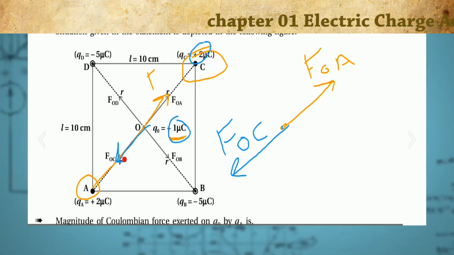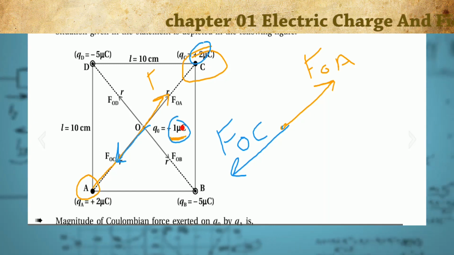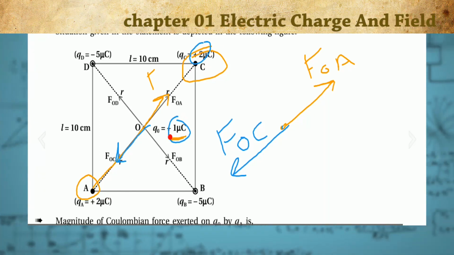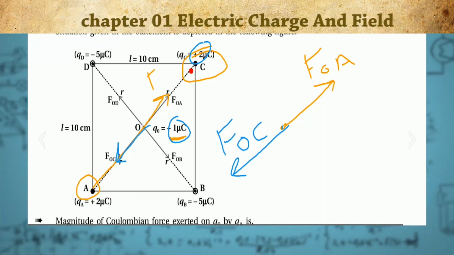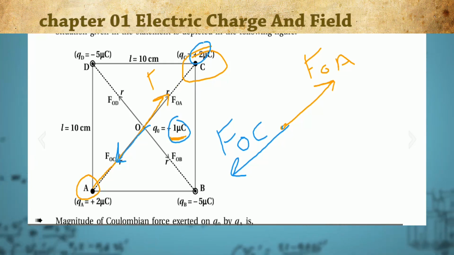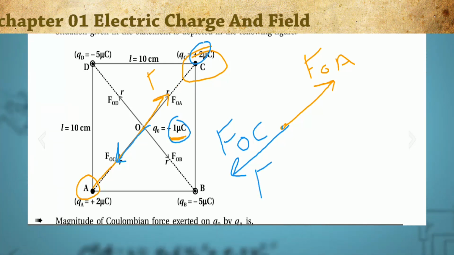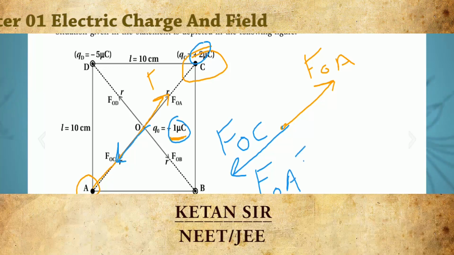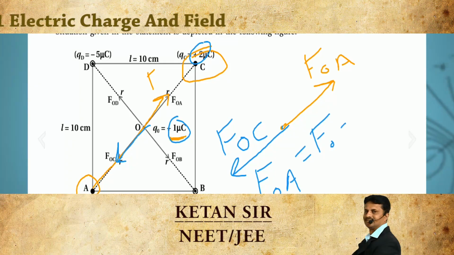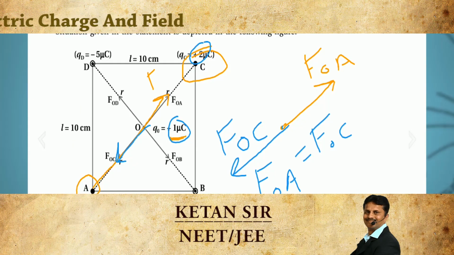Therefore, equal charges 2 and 1, and distances are the same. Therefore you can write F of OA is equal to F of OC, and both have the same value.